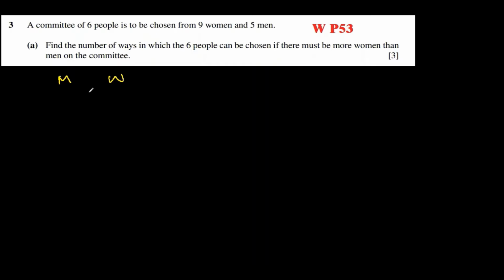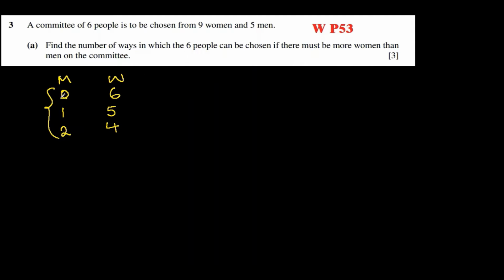We want more women than men. So we can have 0 men, 6 women. 1 man, 5 women. 2 men, 4 women. 3 men, and we can't have 3 women. They can't be equal. So we have just 3 possibilities.